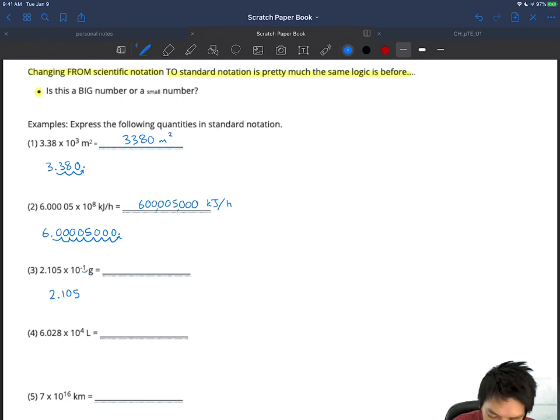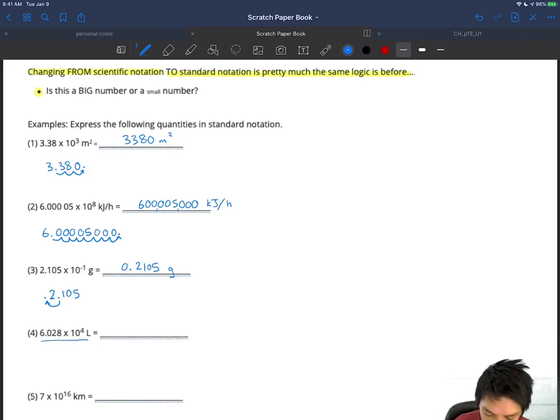So we're only going to be moving it to the left 1 time. So here's the decimal place, 1. Here's a new decimal place, so it's 0.2105 grams. Since there are so many of those non-zero numbers, you have to write them down.